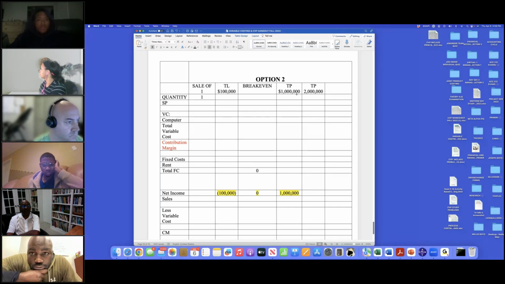Those are four different scenarios with selling these computers.